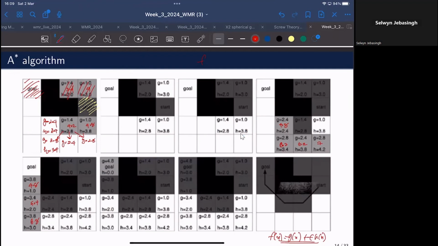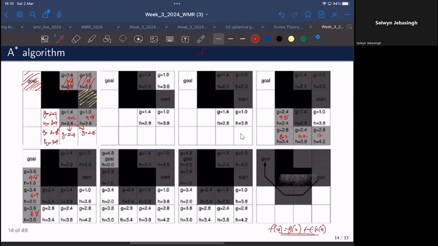Because not always the shortest path is the most ideal path. Sometimes, if you take the longer and smoother path, that could be even more beneficial. That could be even more of a reliable path. So depending upon how you tune your heuristic cost, you may get different solutions. You may get different paths actually.